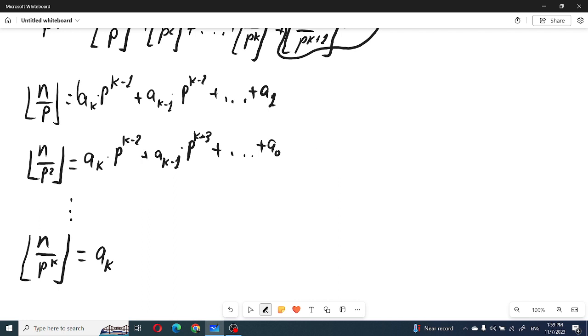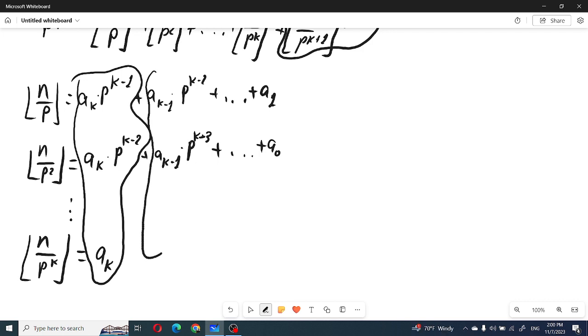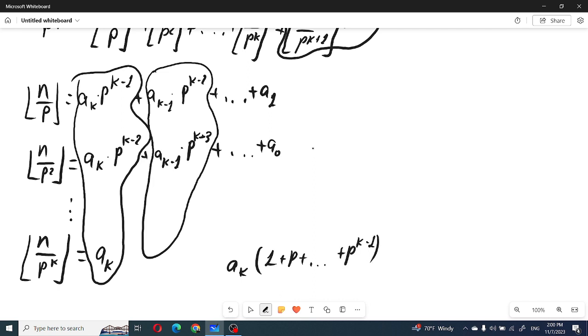Now if we look at all these numbers, they have a coefficient of ak. All second numbers will have a coefficient of ak minus 1, and so on. So if we look at these numbers, in terms of ak we get 1 plus p plus up to p to the k minus 1. For ak minus 1, we will get 1 plus up to p to the k minus 2, and so on.